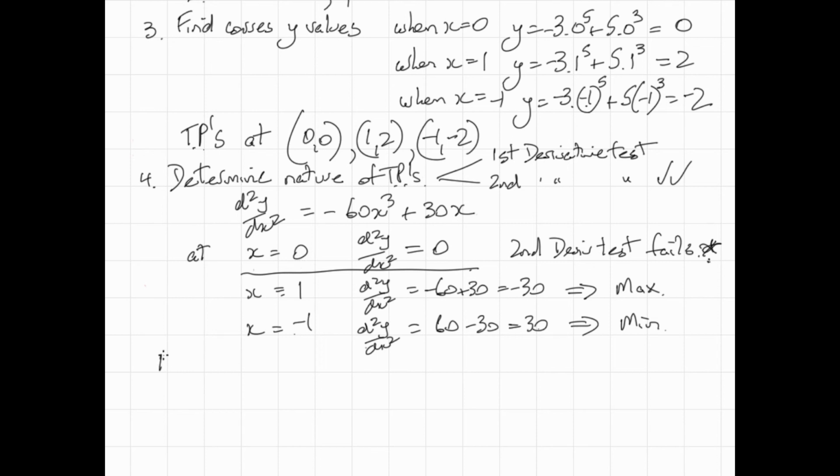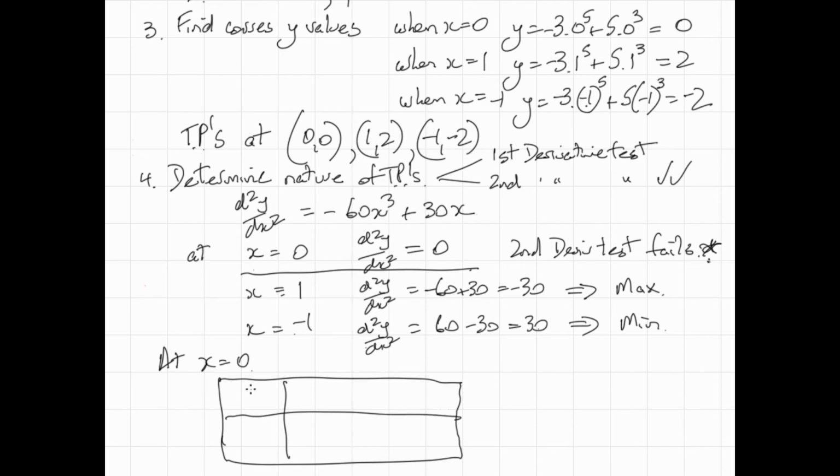So at x equals 0, we've got to go back and use the first derivative test. So we've got x and dy dx. So we'll go negative 0.5, 0, positive 0.5.